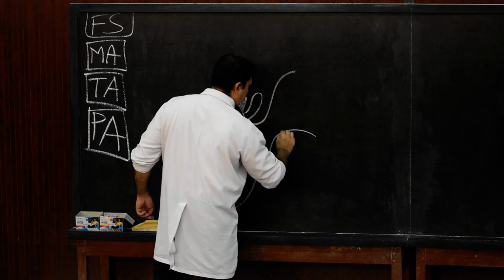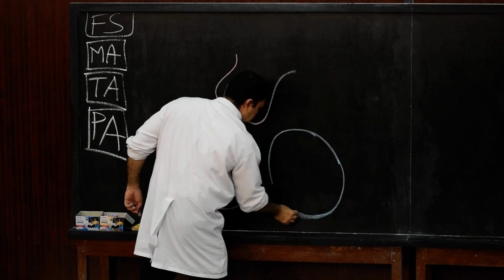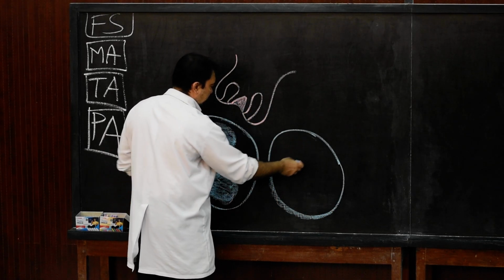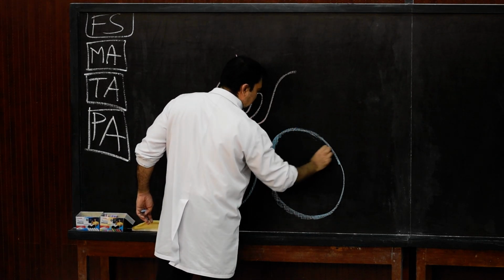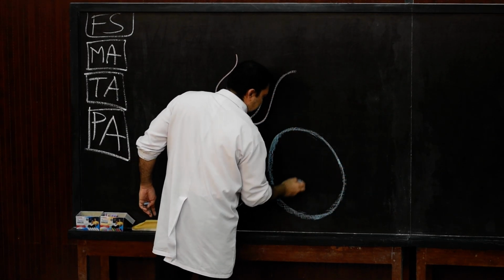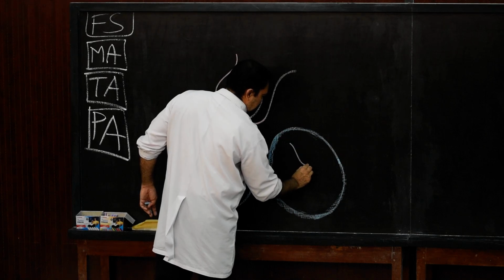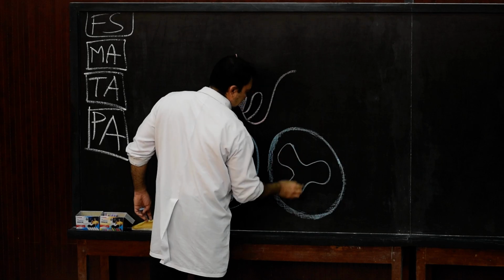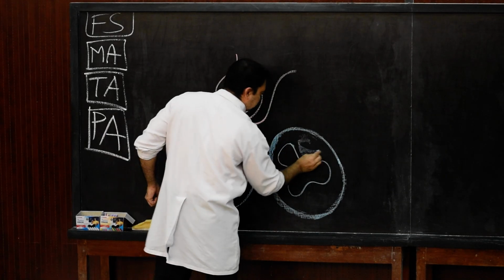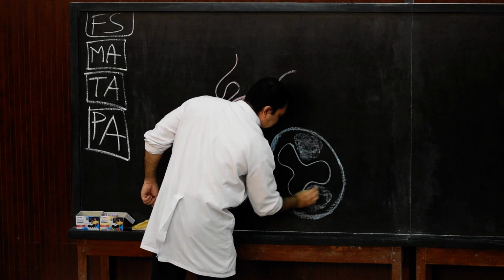So this way we show the right atrioventricular orifice. This is the left one, the mitral valve. This is the right atrioventricular orifice, and here we show the tricuspid.